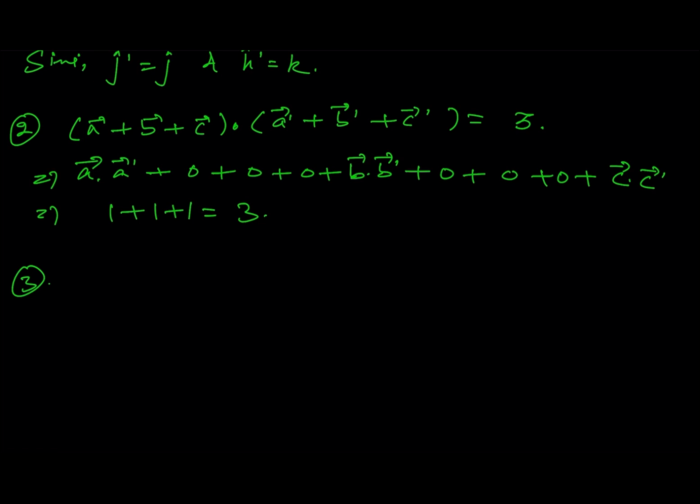Third one: A cross A dash plus B cross B dash plus C cross C dash is 0.